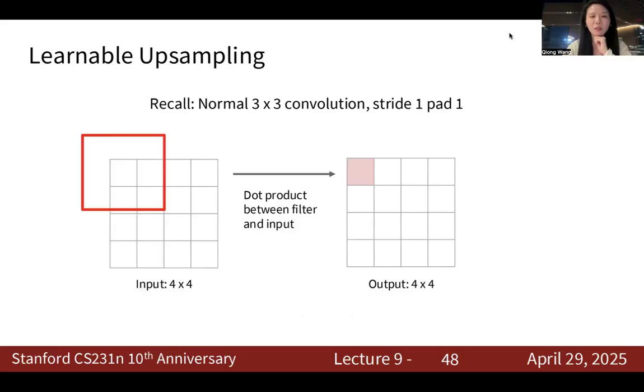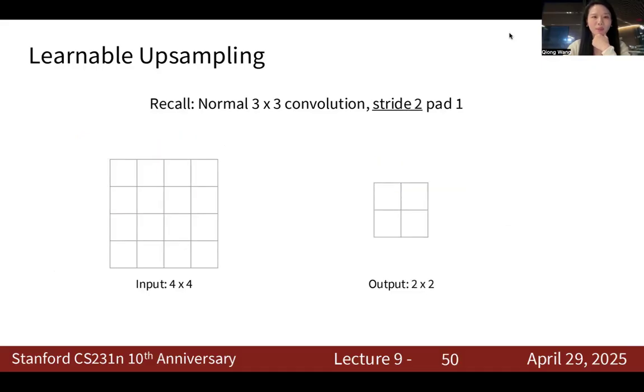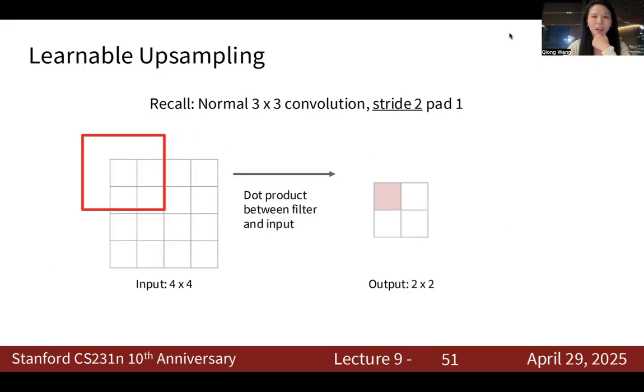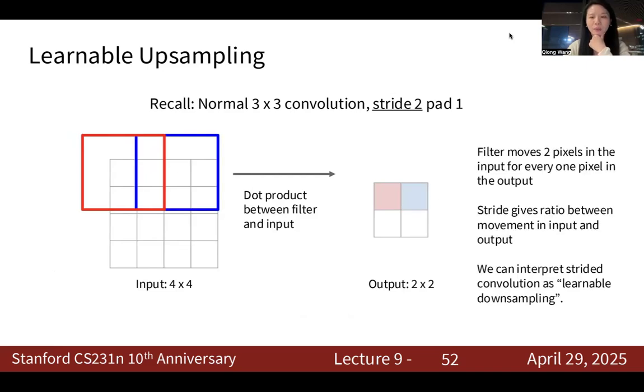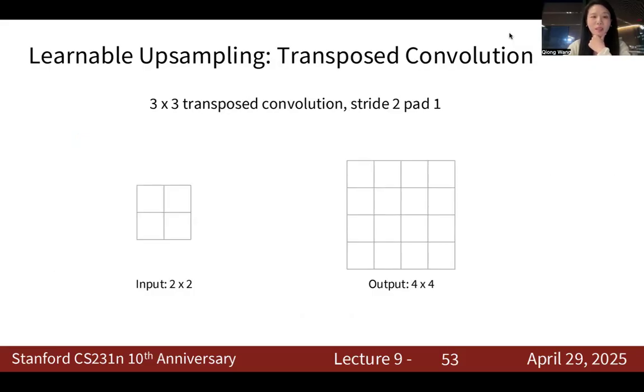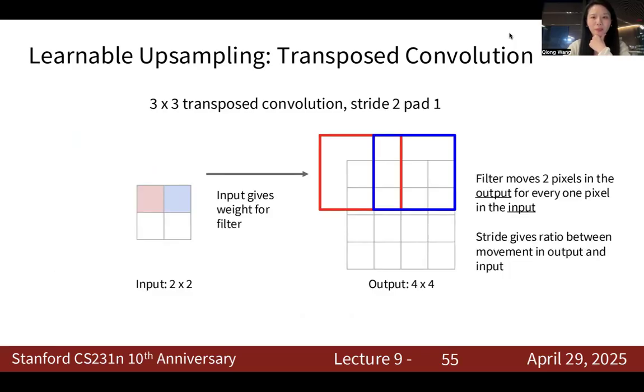And how do we do the normal 3x3 convolution, stride 1, pad 1? We do it like this. And stride 2, pad 1 is like this. We can interpret strided convolution as learnable downsampling. This is another example of upsampling, stride 2, pad 1.